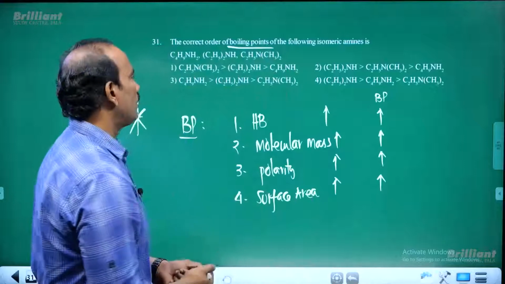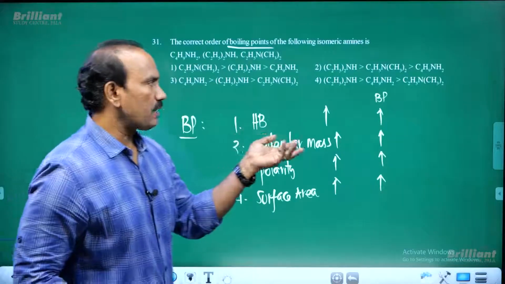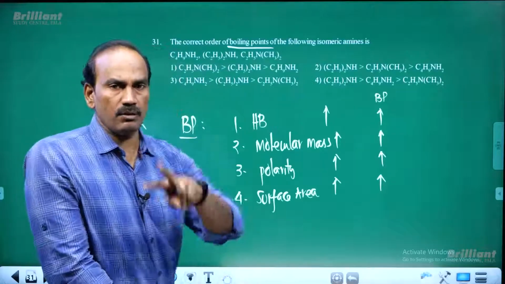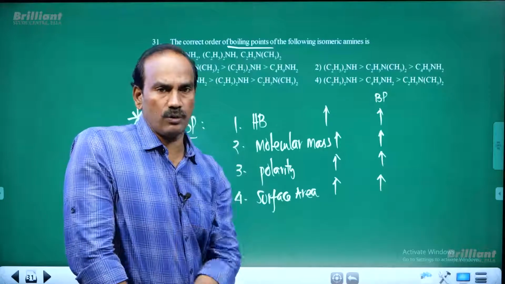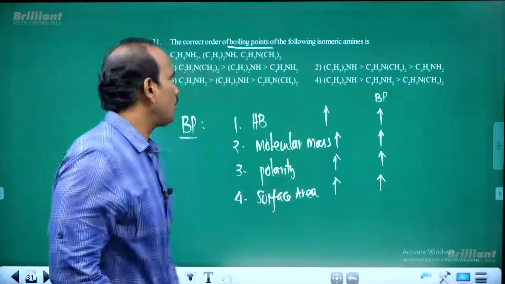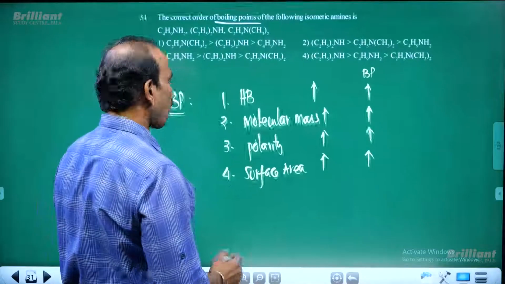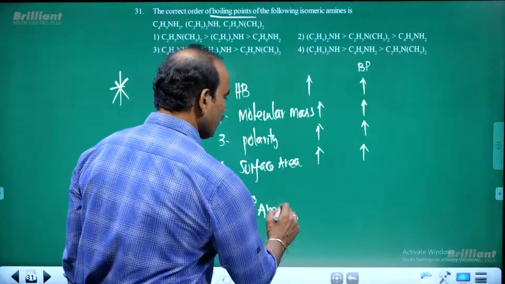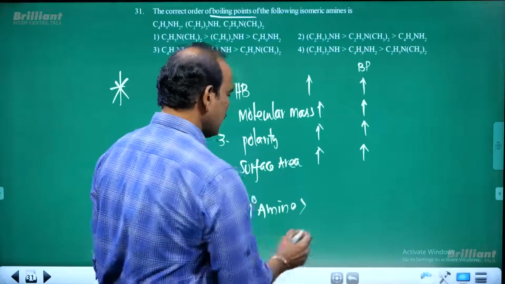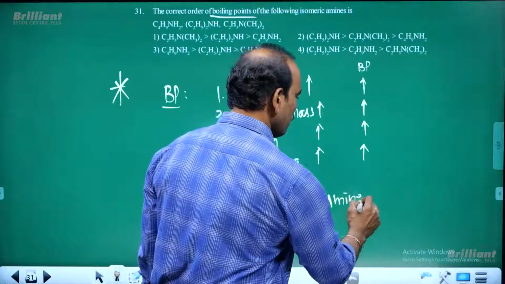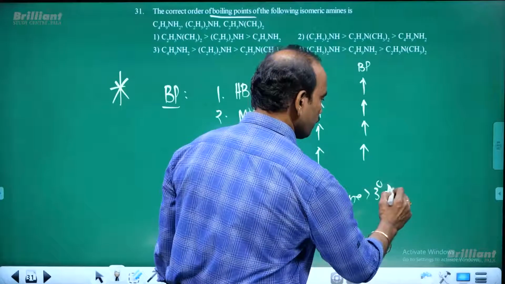That's why here primary, secondary, tertiary. In tertiary there is no active hydrogen. Primary has 2 active hydrogens. That's why hydrogen bonding strength is higher than the secondary and tertiary. So boiling point order is primary amines with same number of carbons greater than secondary amines, third one is tertiary amines.